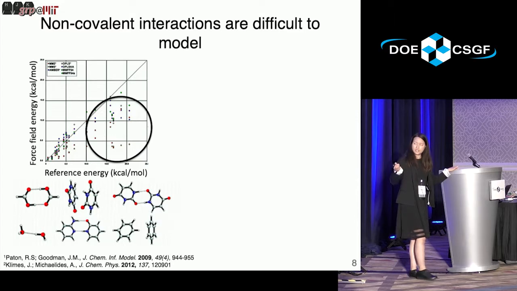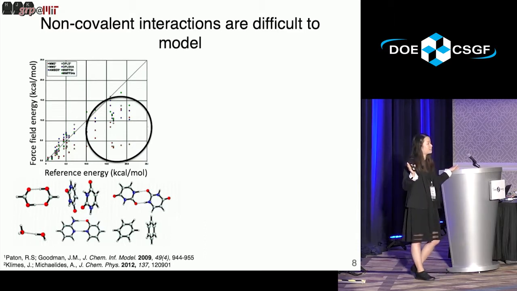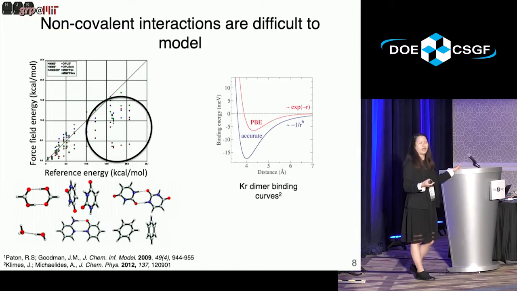In this particular data set, you can see that if the force field really was very good at reproducing the reference energies, all the dots would fall along the y equals x line, but quite a few fall off of it. And even quantum chemistry methods like DFT don't capture all of the contributors that are very important for accurately modeling non-covalent interactions, like dispersion.